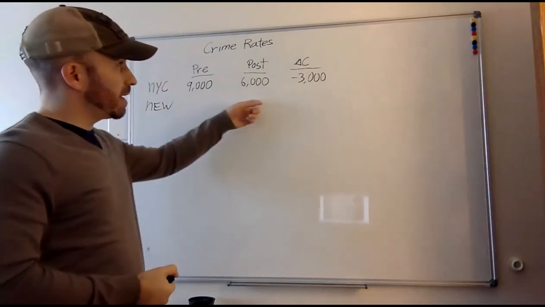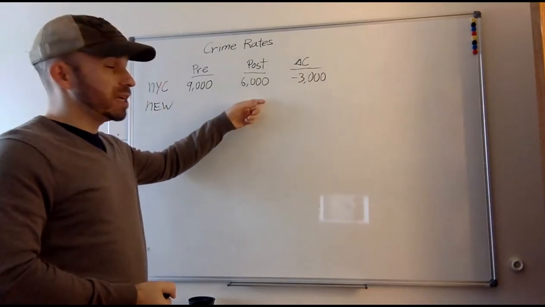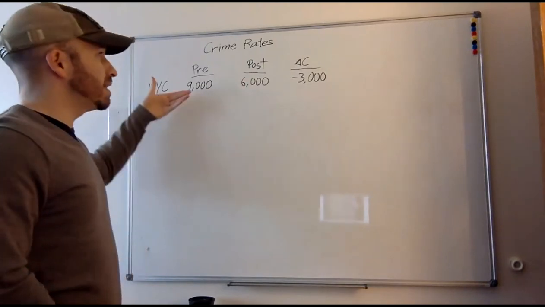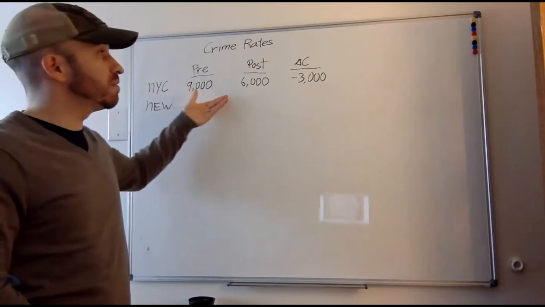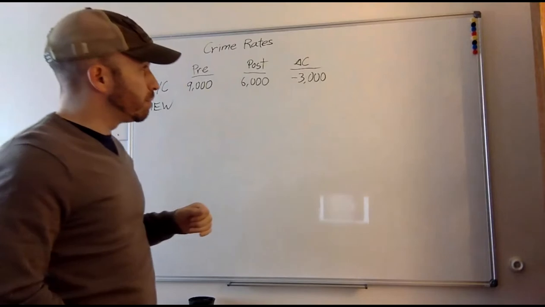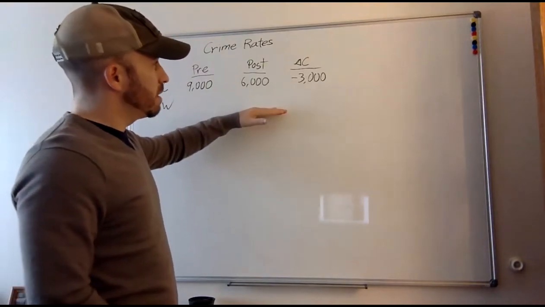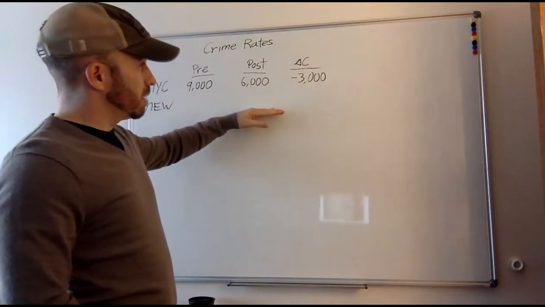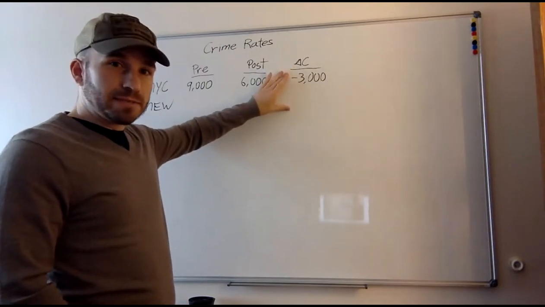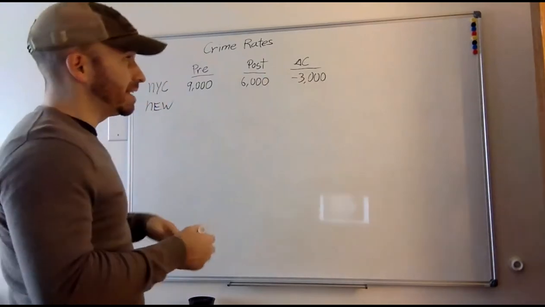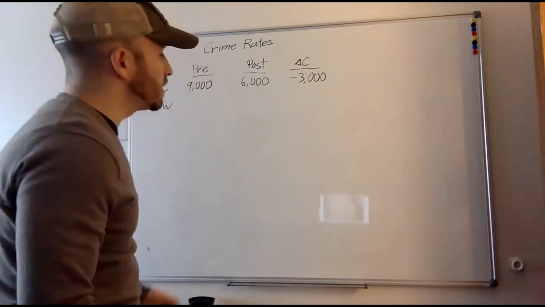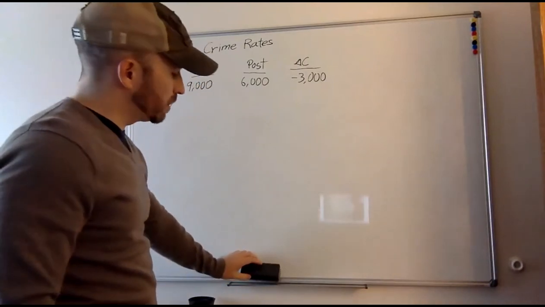If I look at how the crime rates changed in some other city that we are essentially arguing is a counterfactual for what should have been happening in New York in the absence of the new broken windows policing that Bratton and Giuliani brought in, then I could difference those differences and get a more reasonable estimate of what the actual effect was.